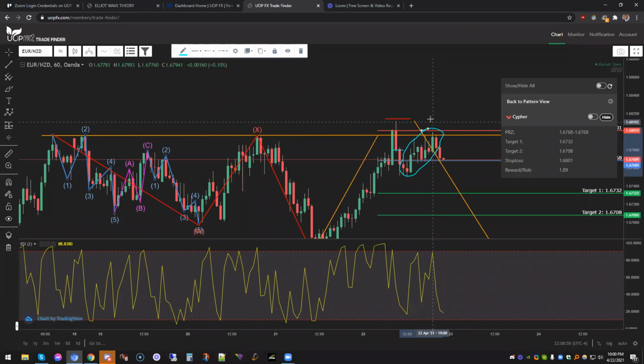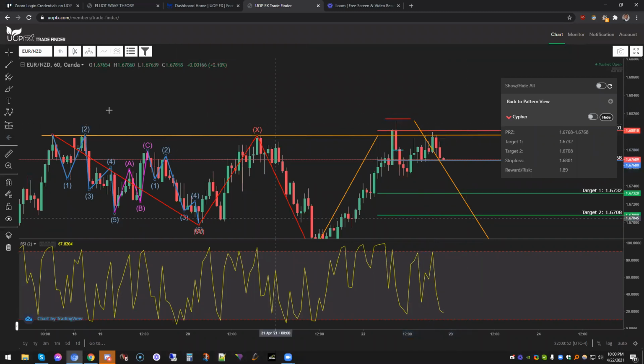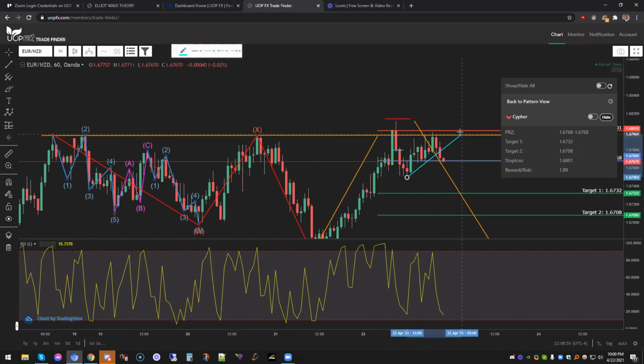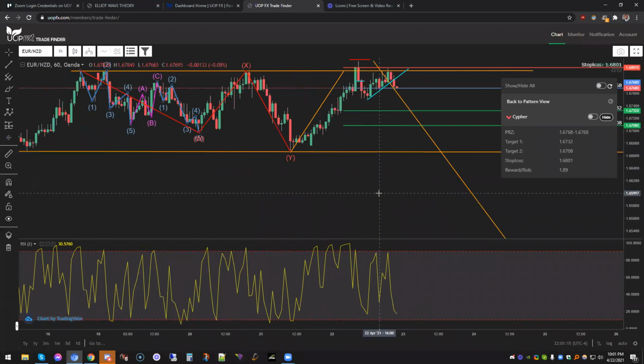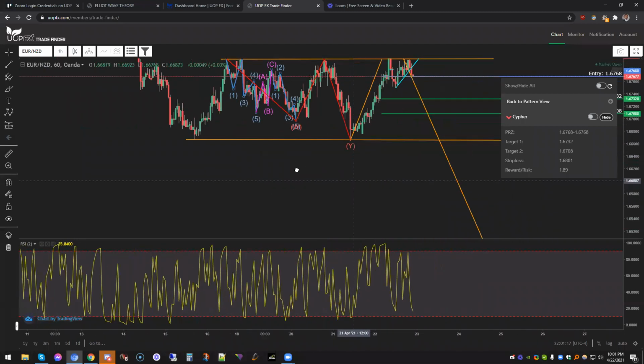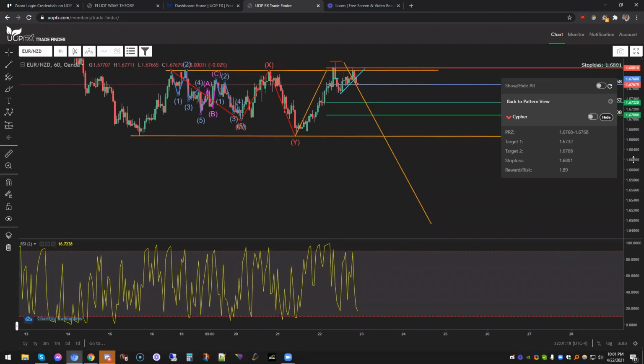And for a lot of traders who like to use trend lines, you can simply look at this and run a trend line and look for the breakout, and that would confirm that, okay, now the price wants to go down. And if the price wants to go down, this would be wave one. And you'd expect something that looks like this. Let me bring this a little smaller.